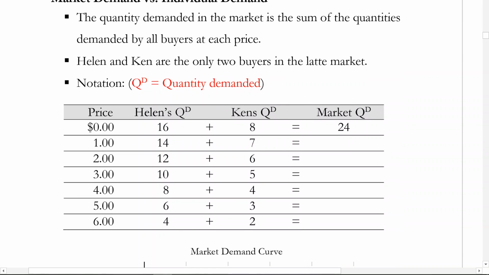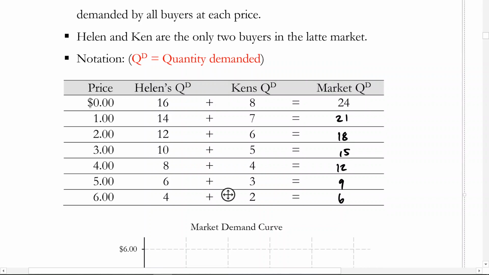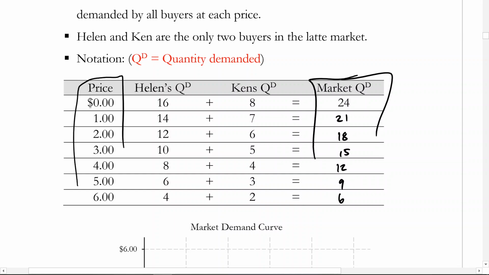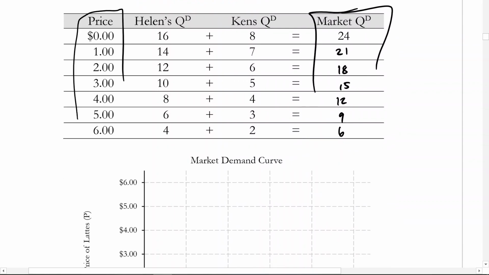And in this case, these are just going to add up: 21, 18, going down by 3s, 15, 12, 9, 6. Okay, and then we can plot that. So we plot the price with the market quantity demanded in order to get the market demand curve.